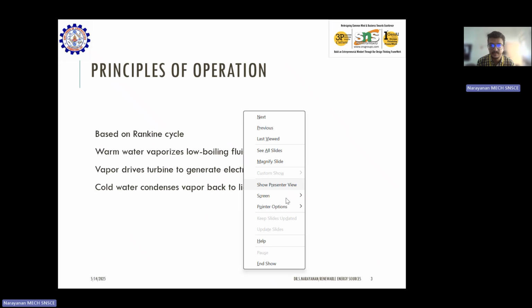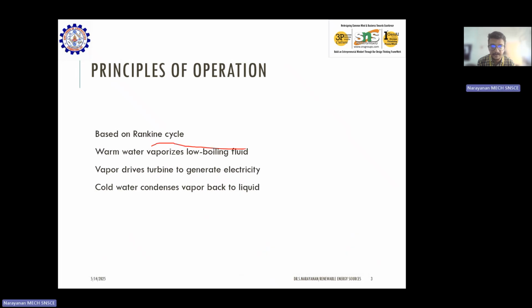How does it vaporize? It will vaporize using heat from the hot water from the top surface of the ocean. So warm water will vaporize a low boiling fluid and produce steam. The steam will be sent to the turbine to generate electricity, and cold water condenses the vapor back to liquid.